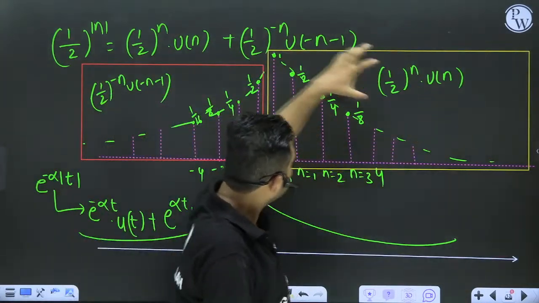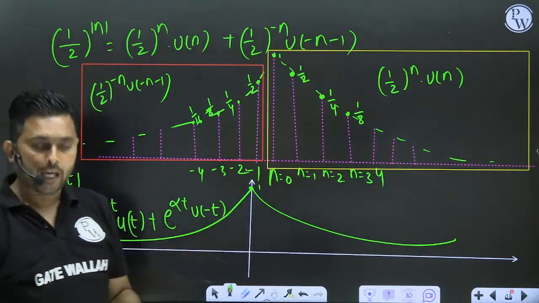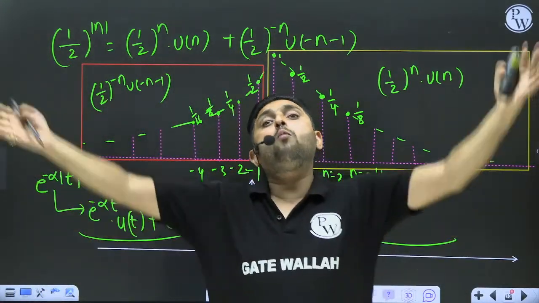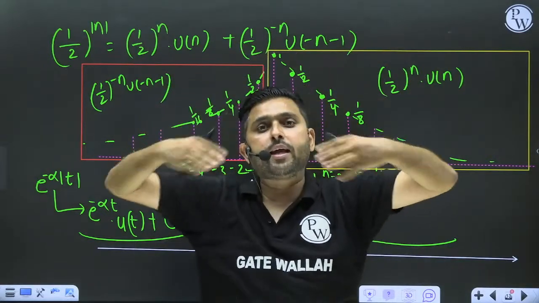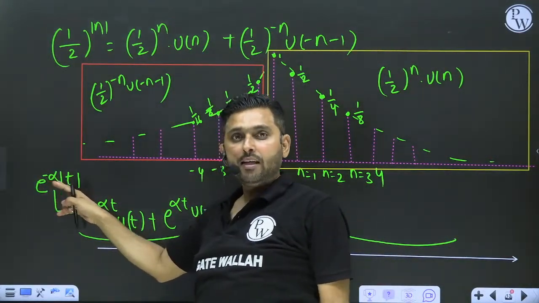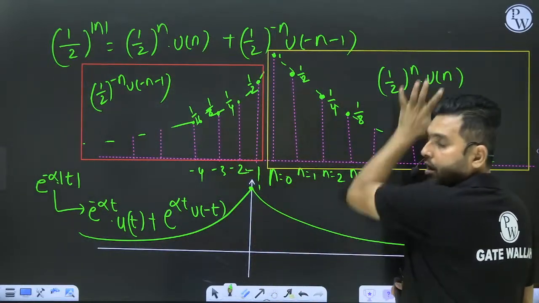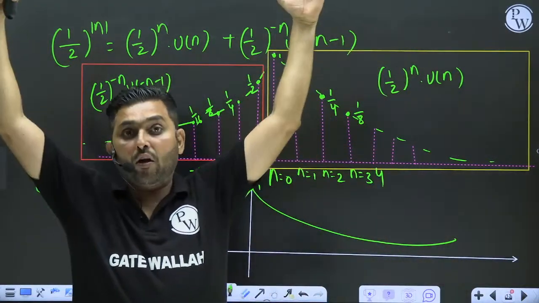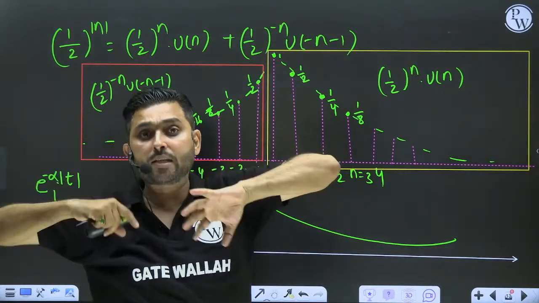See, this kind of convergence. If on the other hand alpha is greater than 1, then it will go beyond like this. If instead, let's say here it is plus alpha t, then it will go towards infinity, not towards minus infinity. You understand my point or not?